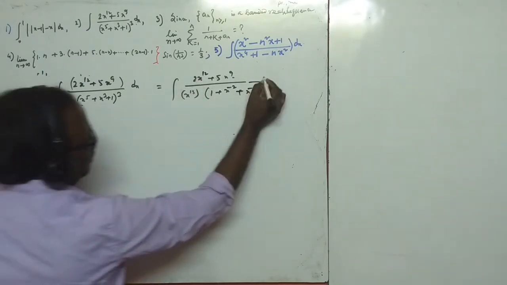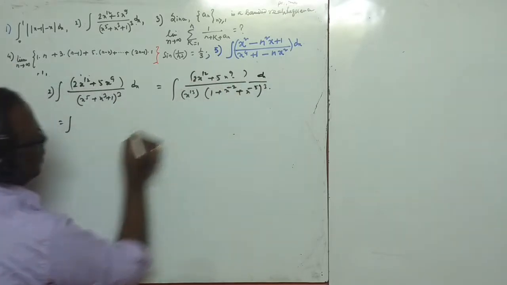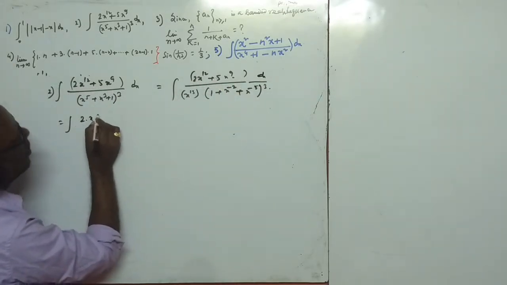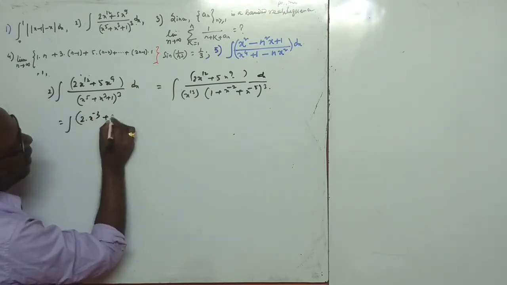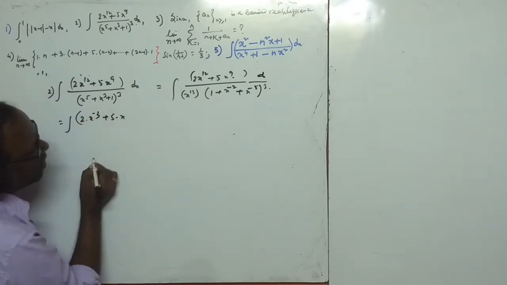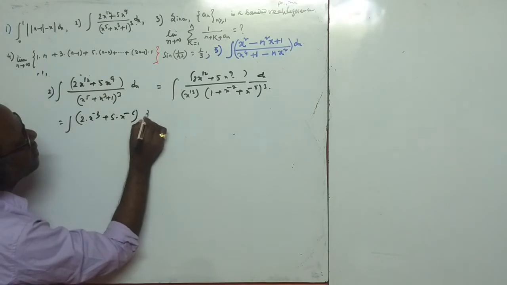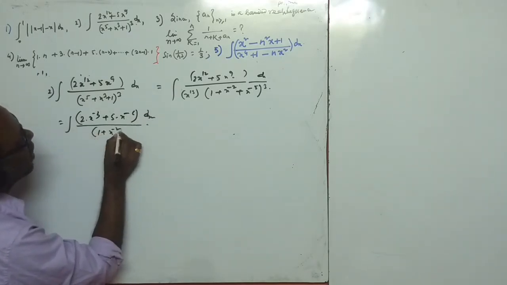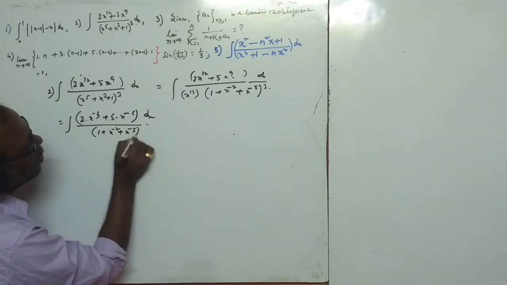If you divide this, we get 2 into x to the power minus 3, and 5 into x to the power 9 minus 15, that is minus 6, dx. And now 1 plus x to the power minus 2, plus x to the power minus 5, whole cube.